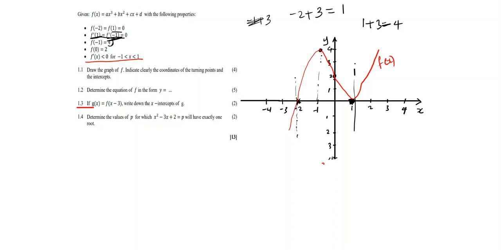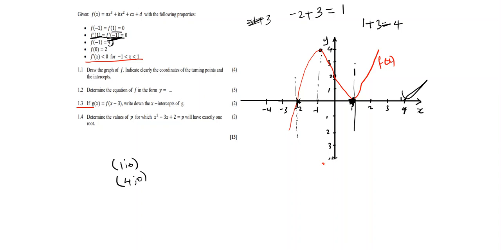We are shifting this part here, and we are also shifting this part. So the new graph now, we are going to have our coordinates like this. We'll have 1 and 0. These are the x-intercepts. We'll also have 4 and 0. So this thing will shift to this part here. We'll have something like this here, and we'll also have something on this particular point.